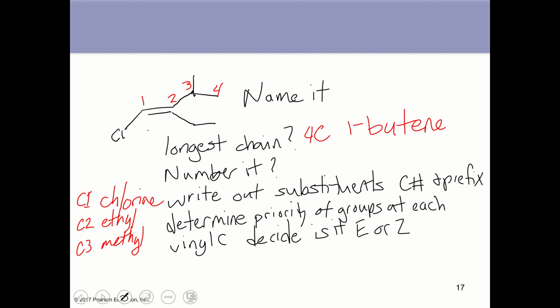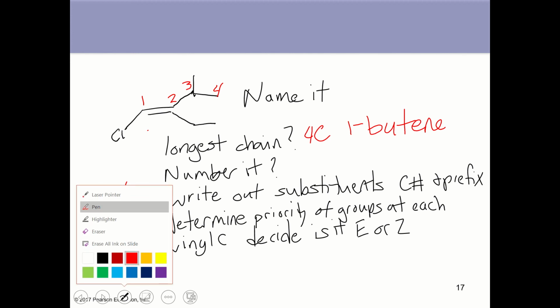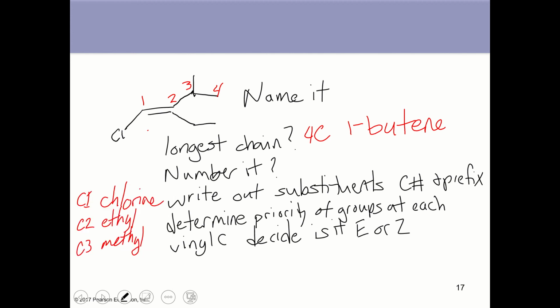Next, we need to look at the double bond and determine the priority of the groups at each vinyl carbon, the right vinyl carbon and the left vinyl carbon. So I like to start at the left vinyl carbon.